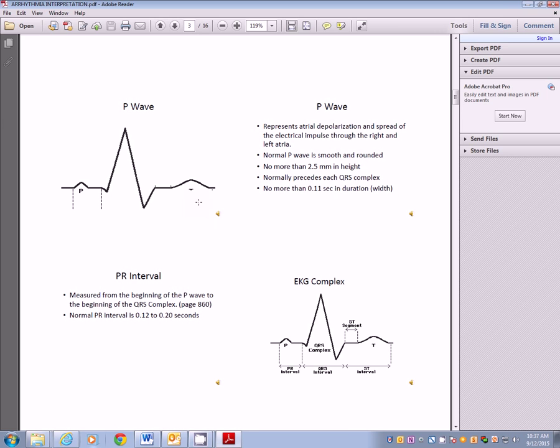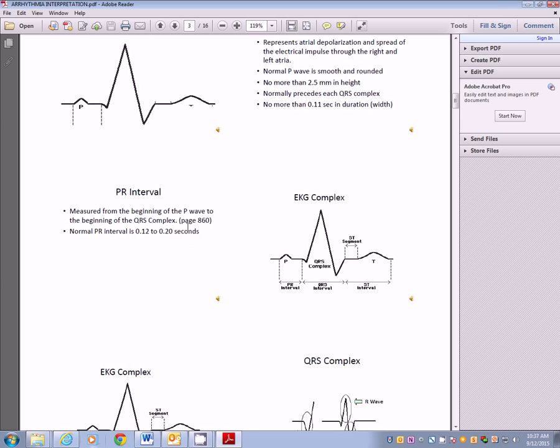The PR interval is measured from the beginning of the P wave to the beginning of the QRS complex. There's a picture of that on page 860 in your book, and it shows you a wonderful little graph you can look at along with this. Again, this is measuring from the beginning of the P wave to the beginning of the QRS.